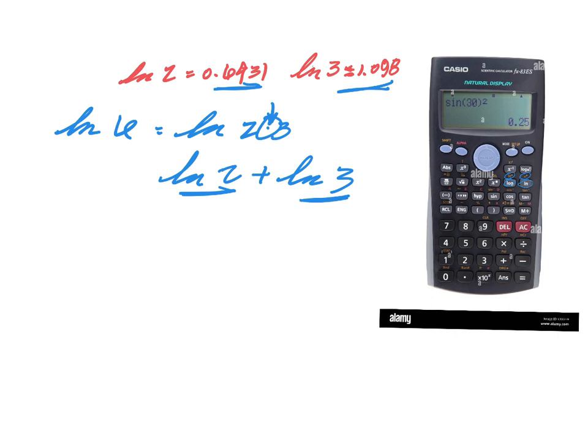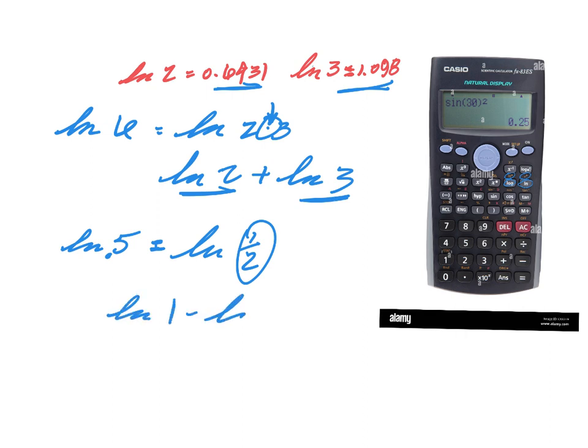All right, so they give you another one, ln of 0.5. Well, that is the same as ln of 1/2. And if you remember with 1/2, when you're dividing, that's ln of 1 minus ln of 2.